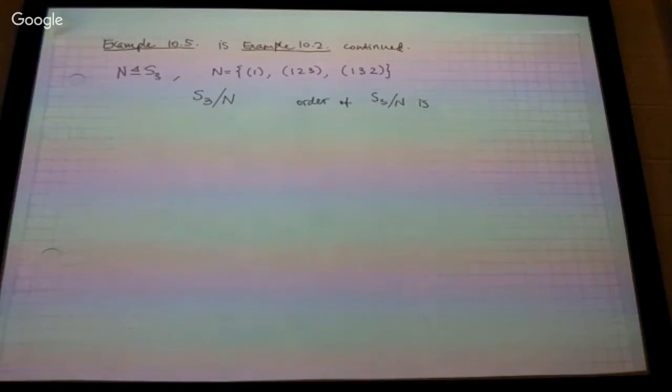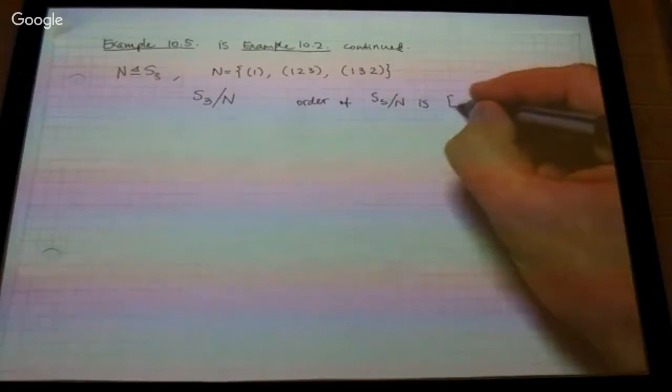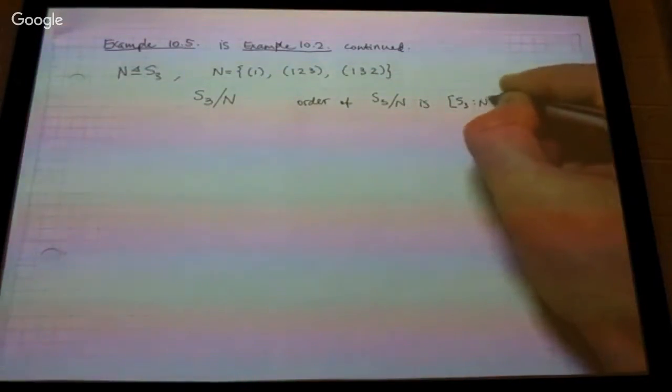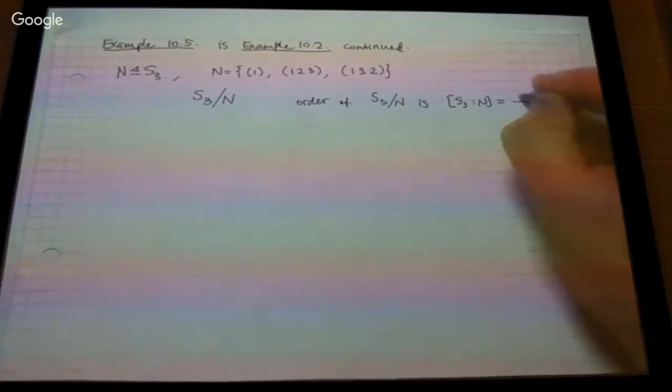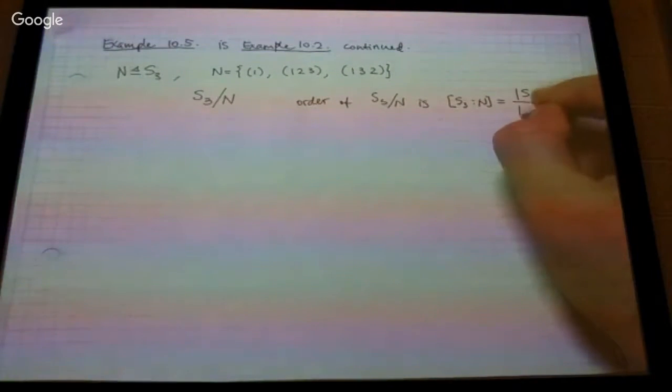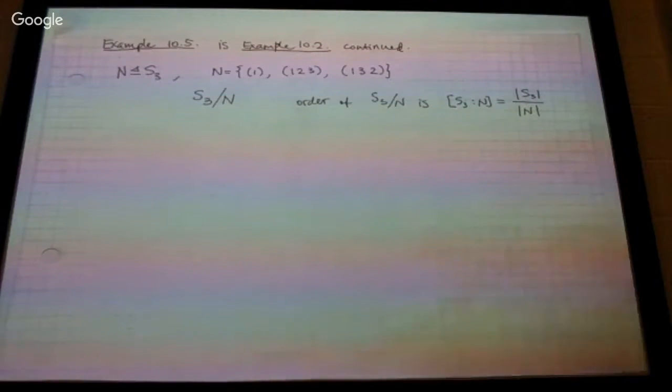Anyway, when you recall the theorem, or if you look at it again, it tells you the order of the factor group is the index of the subgroup, which by some previous theorem is just the ratio of the orders.